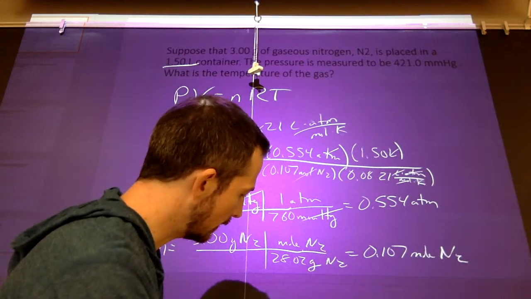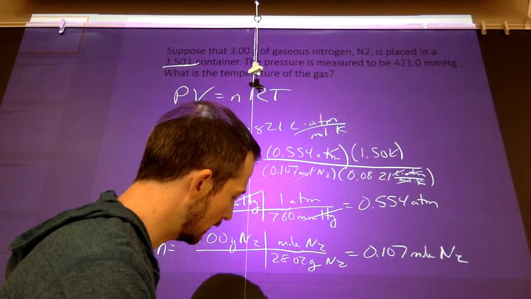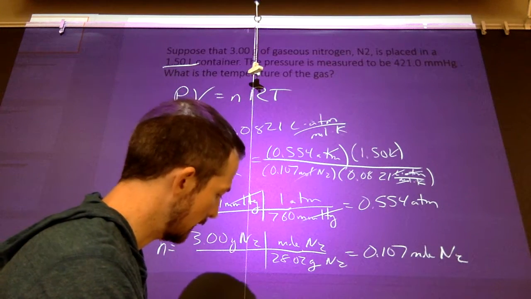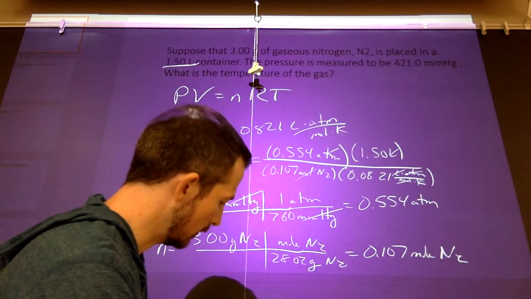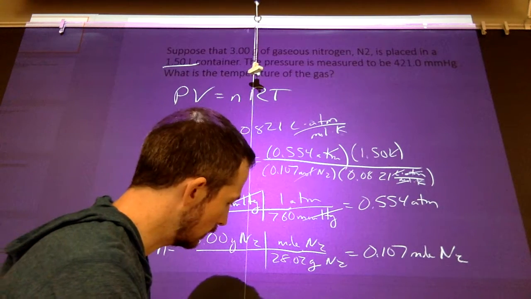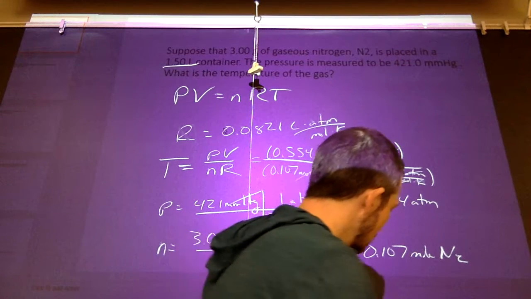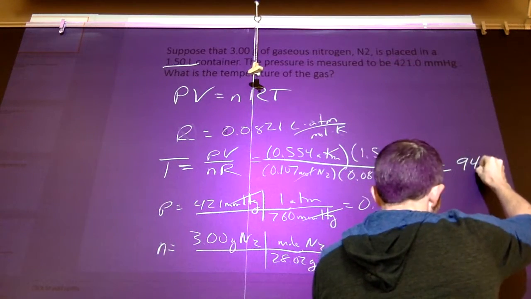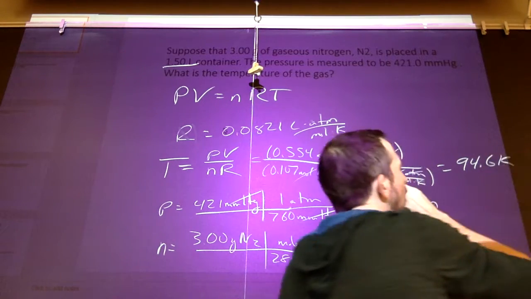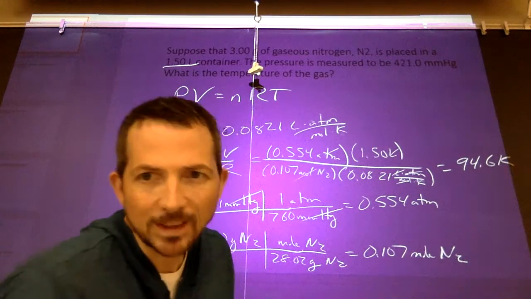So 0.554 times 1.5 divided by 0.107 divided by 0.0821. I get 94.6 Kelvin.